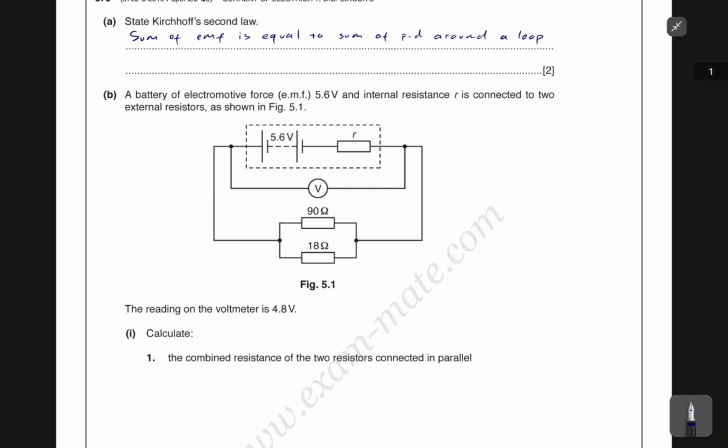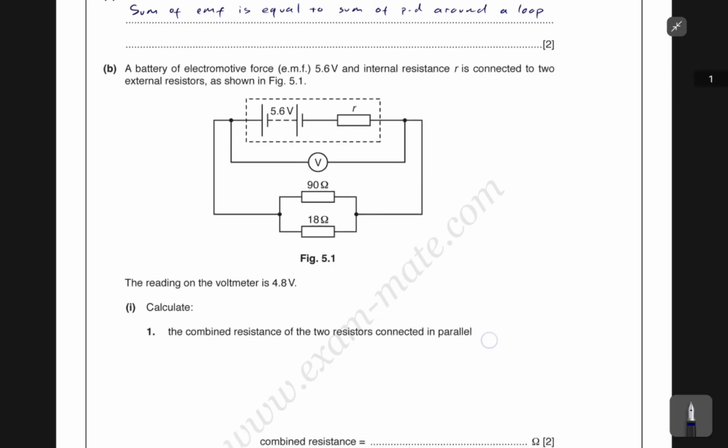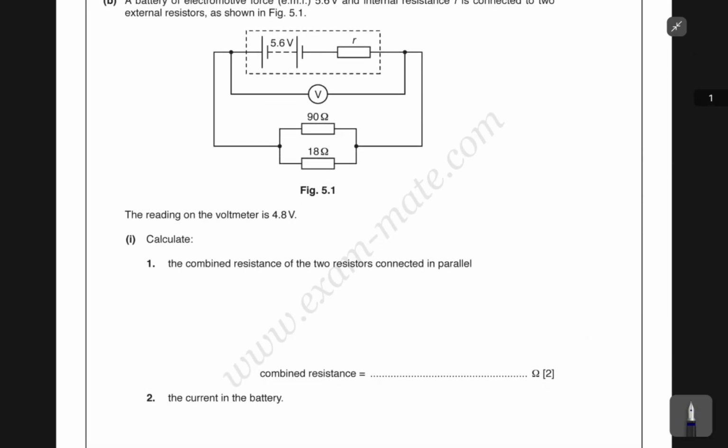A battery of electromotive force EMF 5.6 V and internal resistance r is connected to two external resistors. The reading on the voltmeter is 4.8 V. Calculate the combined resistance of the two resistors connected in parallel. We know that for parallel, 1 per R is equal to 1 per R1 plus 1 per R2.